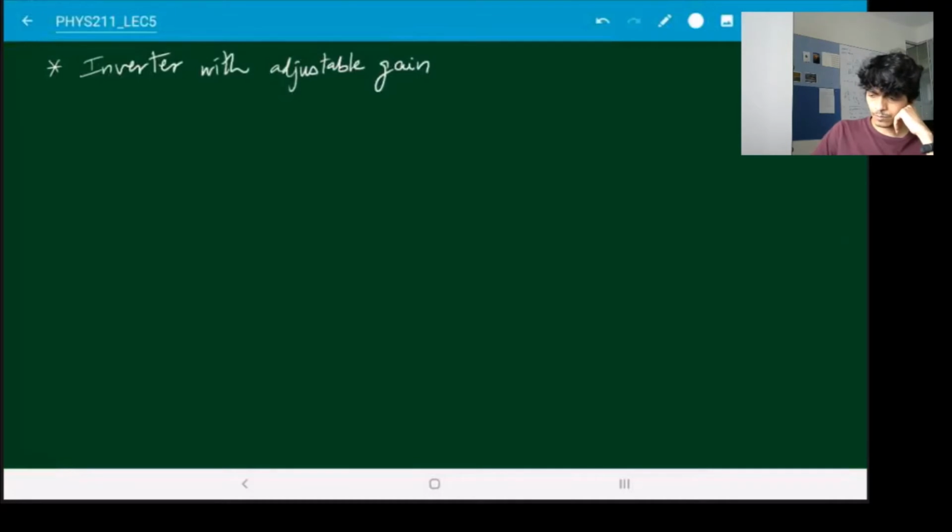Okay, what does inverter mean? Basically, I have some input. I want that to be inverted. So let's see how we are going to do that over here. So here is my op amp. Okay, let's put in some input.